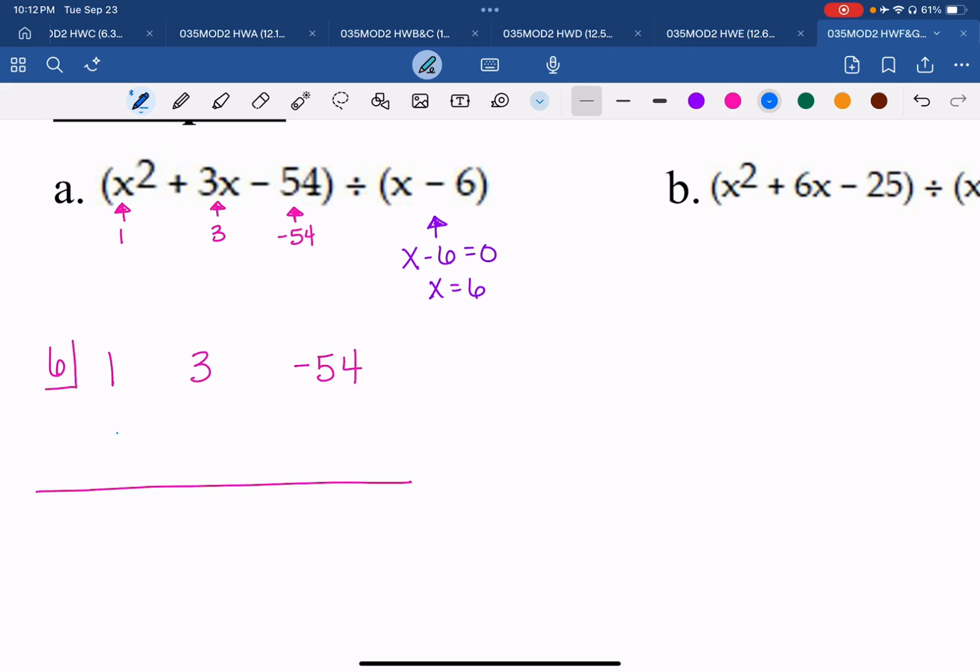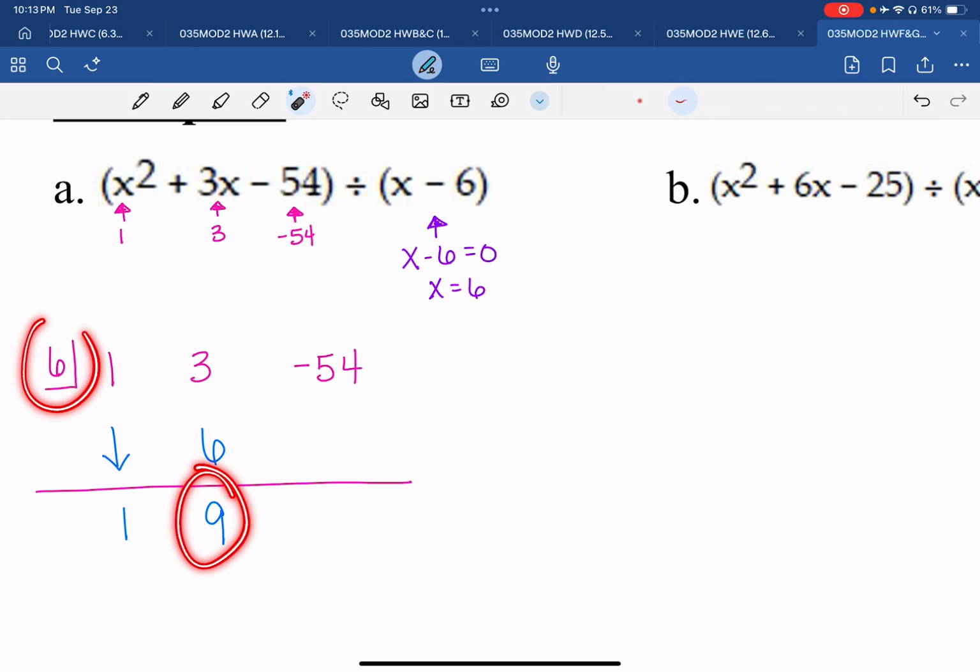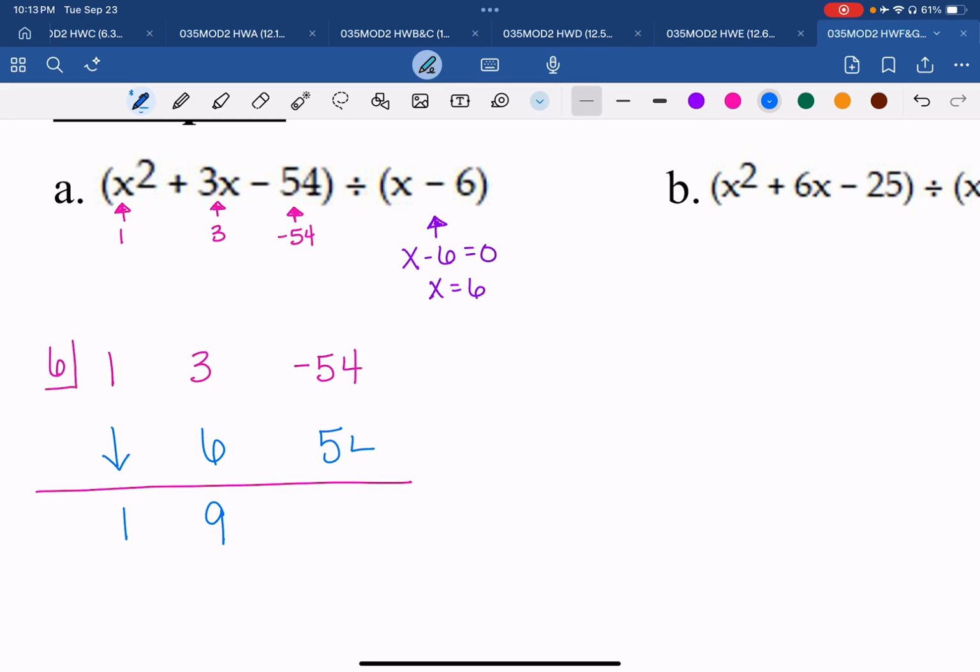Now we solve. So drop down the 1. Remember, we multiply 1 times 6. Then add 3 and 6. Then multiply 9 times 6. Then add negative 54 and 54.